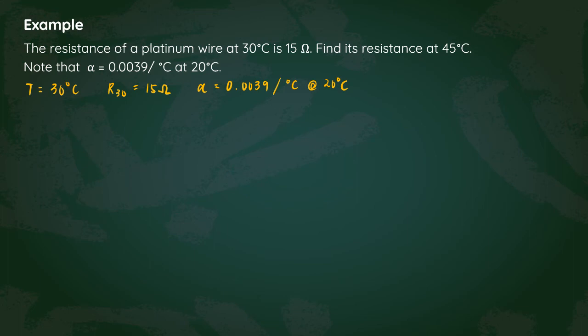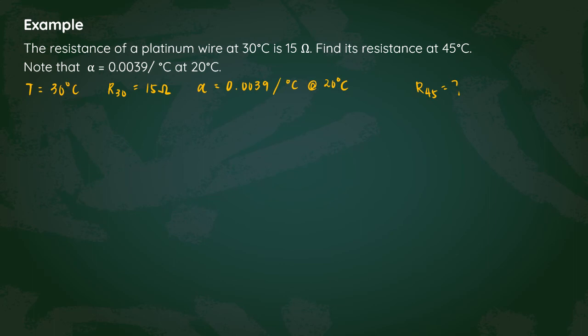So take note that our alpha is given at 20 degrees. However, the given value of the resistance is at 30 degrees, and we are to solve for the resistance at 45 degrees.